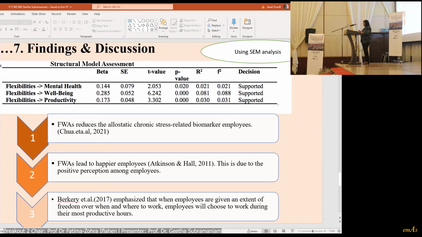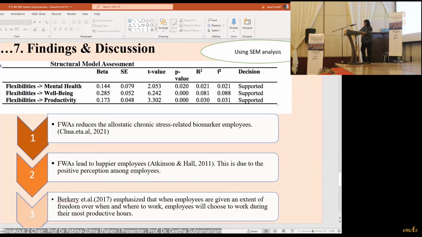But I must highlight one thing. We found that it was a small effect, and I relate this to my limitation, because as I said, this was done during the COVID-19 period. Millennials had already gone back to work. They were working from home, and some of them were doing hybrid, 3 days, 4 days, 5 days working from home, and some were doing 3 days working from home, 2 days back at work.